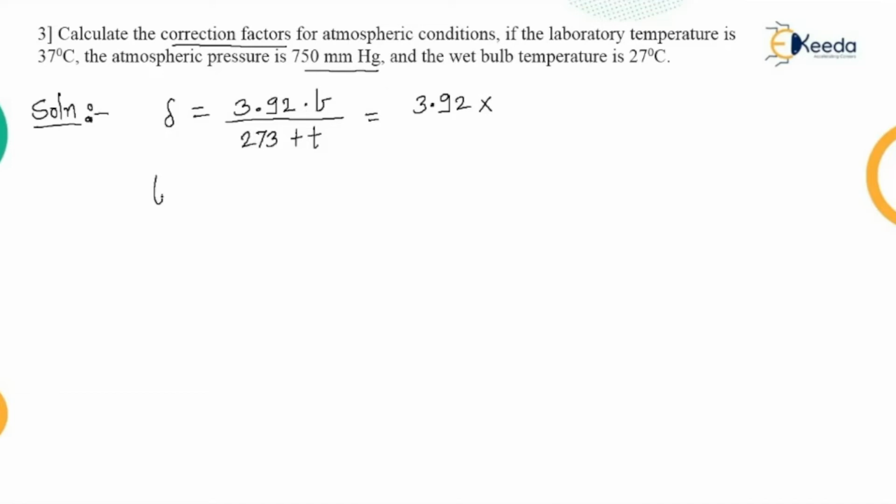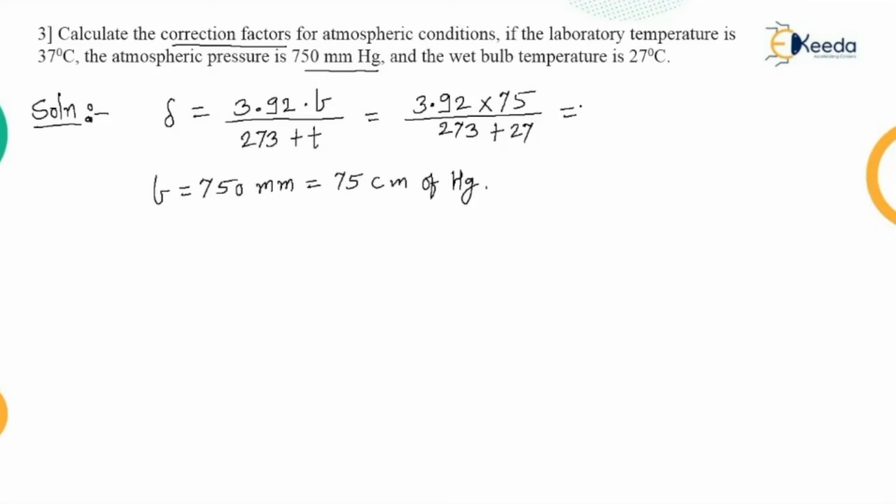This pressure B is generally written in centimeters. Therefore 750 millimeter can be represented as 75 centimeter of Hg. So this pressure B is 75 centimeter, divided by 273 plus the temperature, which is mentioned here as 27 degree Celsius.